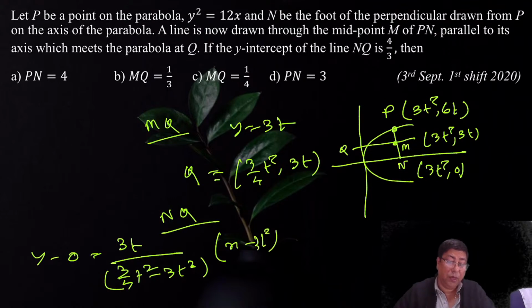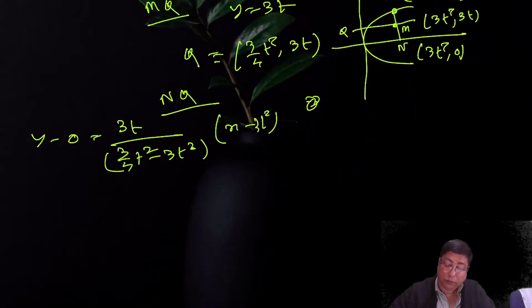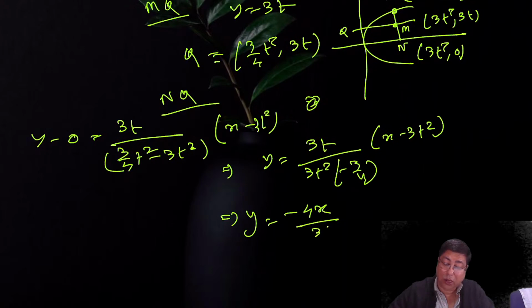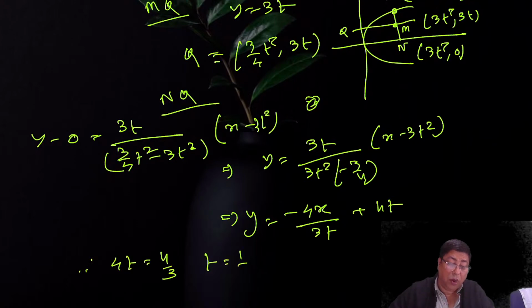If we calculate here, we are getting y equal to minus 4x by 3t plus 4t. Given the y-intercept of the NQ is 4/3. So therefore we can write 4t equal to 4/3, so t equal to 1/3.